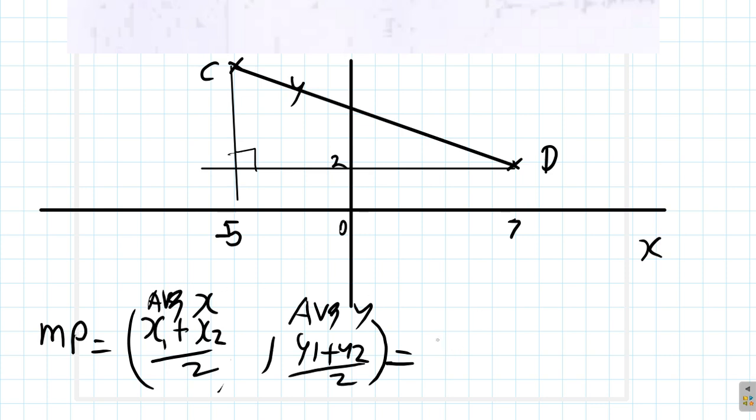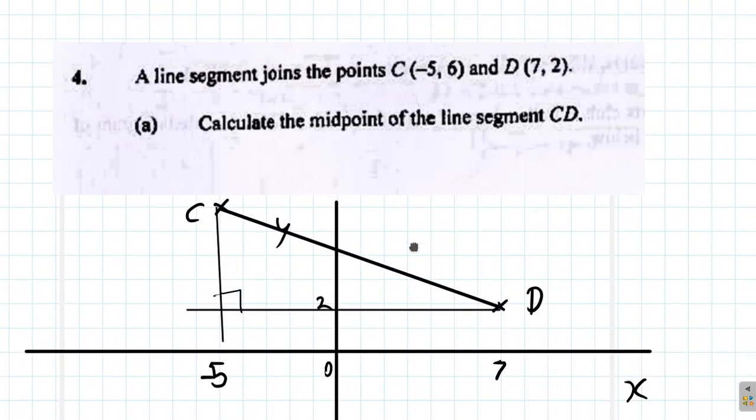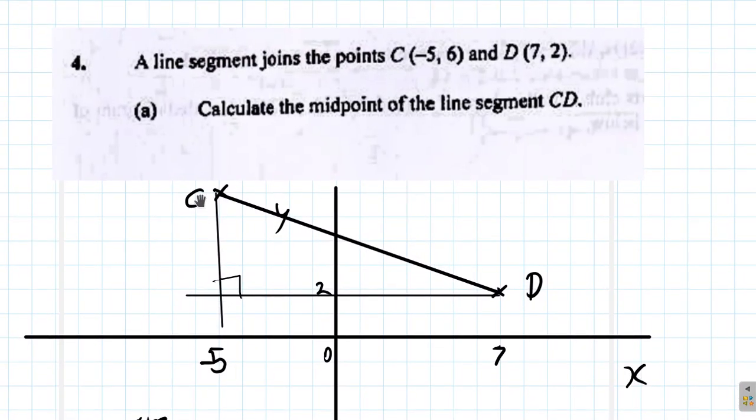So here now, if I have the average of the x's, it would be (7 + -5) divided by 2, comma, and then the y's. Remember, y goes up to 6. This is (-5, 6) up here, and (7, 2). Y goes from 2 to 6.